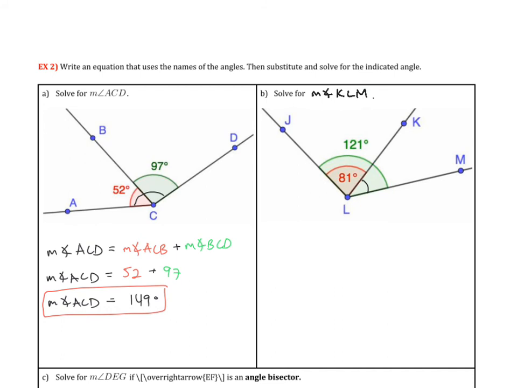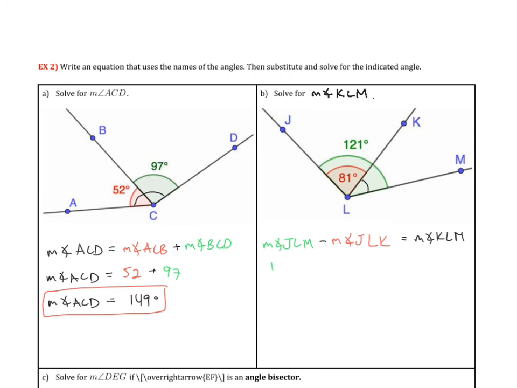So let's go ahead and write that down. The measure of angle JLM, which again is the whole. Oops, let me use the appropriate colors here. So the measure of angle JLM minus one of the parts, which is the measure of angle JLK, is going to be equal to the leftover part, which is the measure of angle KLM.